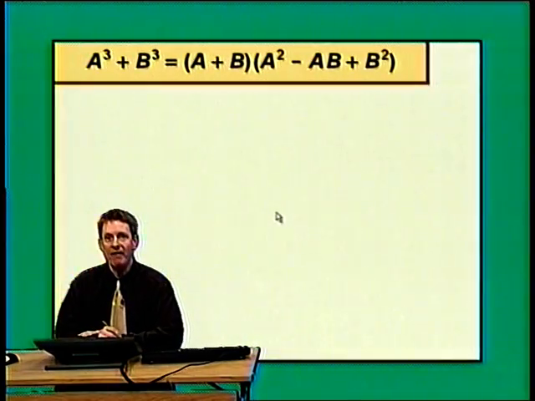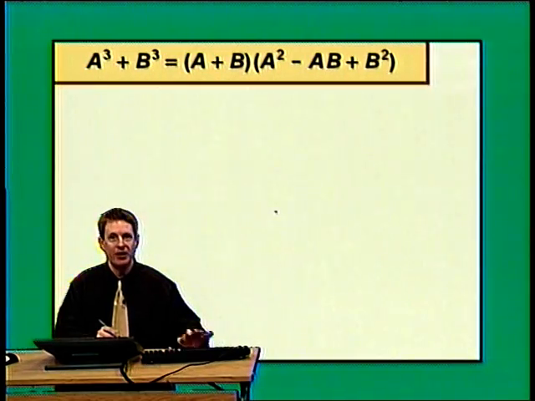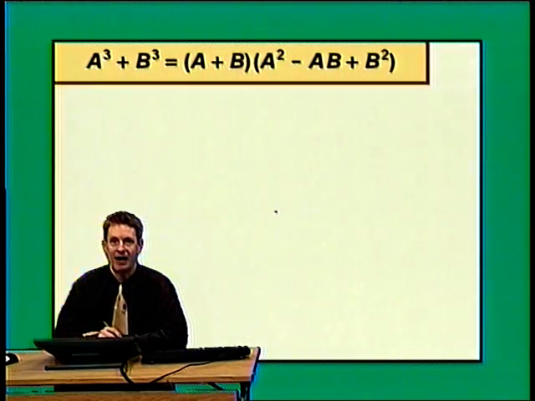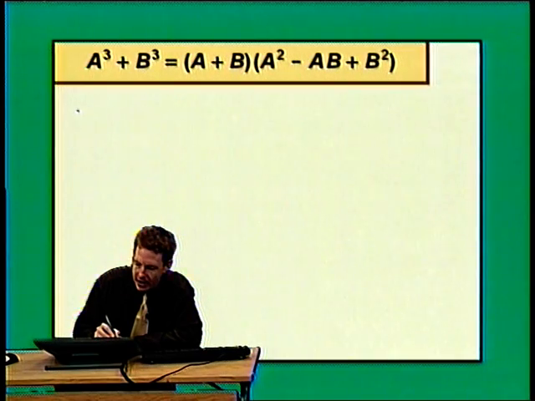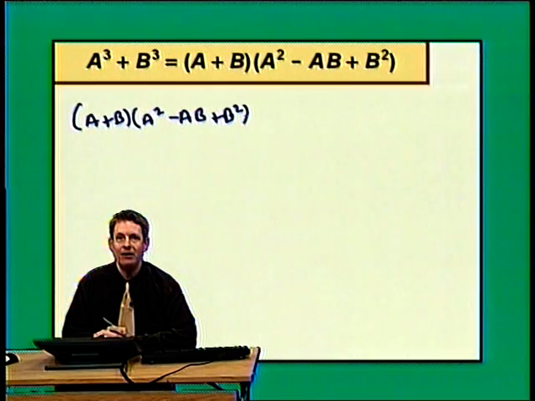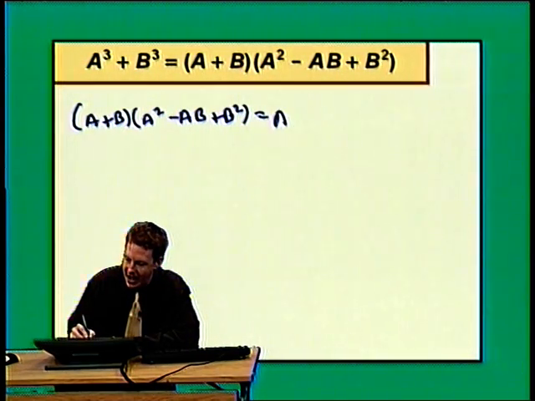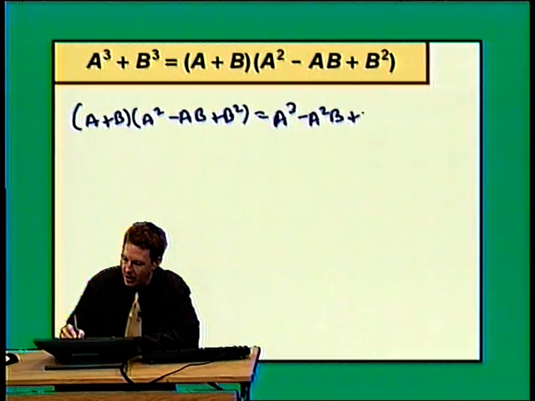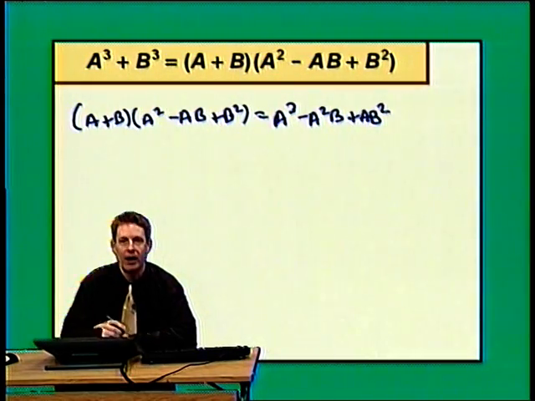Now, we haven't ever seen this special product before, so before we actually do any examples, I do want to verify this special product. Let's go ahead and look at a plus b times a squared minus ab plus b squared. Distributing a through the trinomial, we get a cubed minus a squared b plus ab squared.